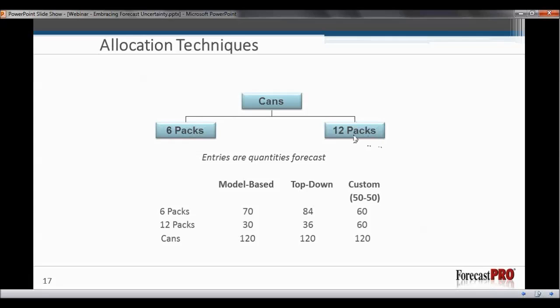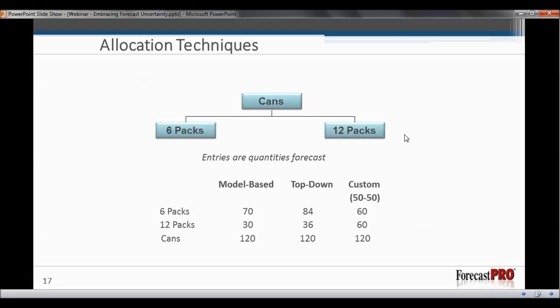If we let the program just go, it would independently forecast each of these nodes. For 6-packs, it would come up with a value of 70. For 12-packs, it would come up with a forecast of 30. And then for cans, a forecast for next month of 120. So I've generated this forecast, and it obviously doesn't reconcile.